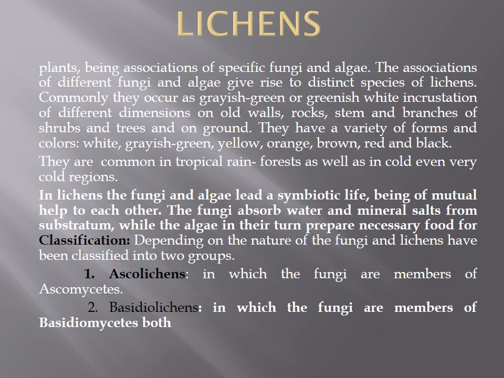Classification: depending on the nature of fungi, lichens are classified into two groups: ascolichens, in which the fungi are members of Ascomycetes, or basidiolichens, in which the fungi are members of Basidiomycetes. So it is either ascolichens or basidiolichens.